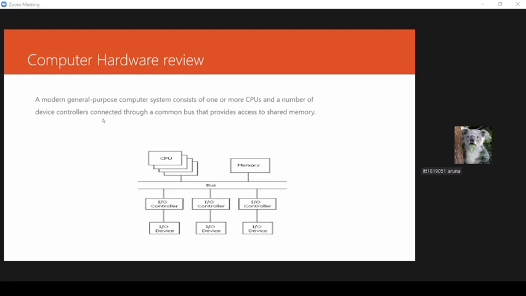Here you can see the CPU, here the memory, here the bus, here the IO controller and IO device. Likewise, one or more CPUs and a number of device controllers are connected to a common bus.